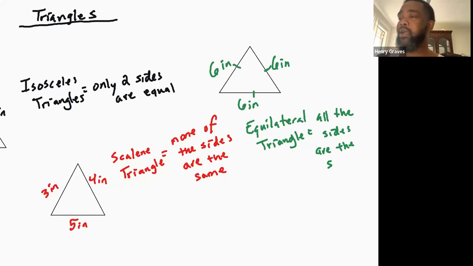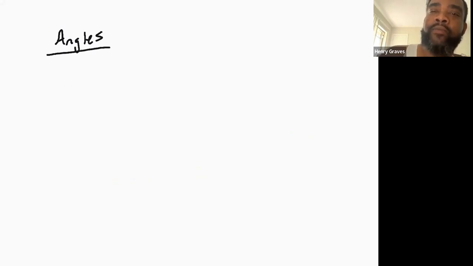Let me add a new page. There we go, perfect. So now I can talk about the angles of a triangle. We talked about the sides before. Unfortunately, it's not going to let me do a different shape, so I'll just do it myself by hand.